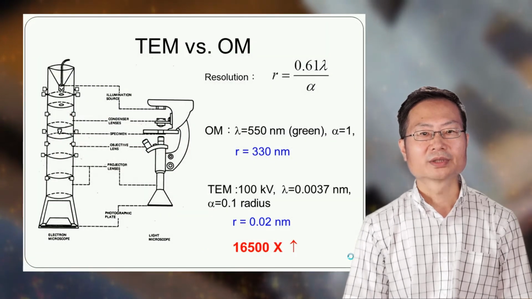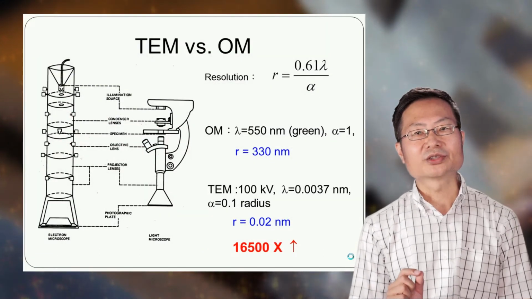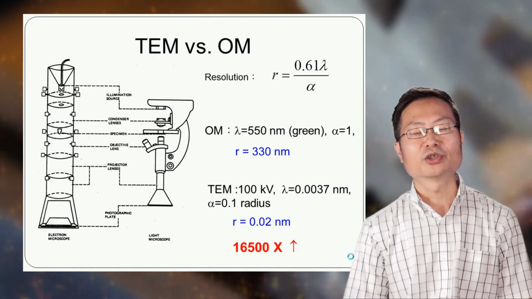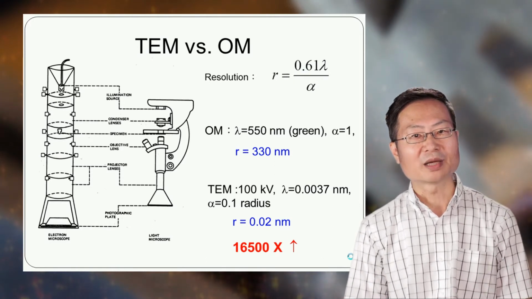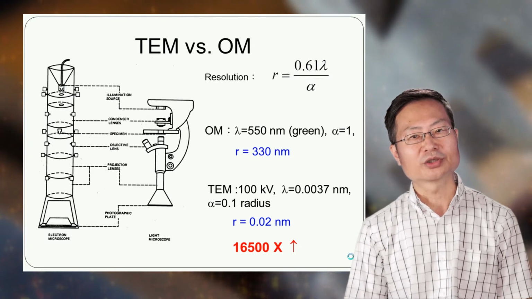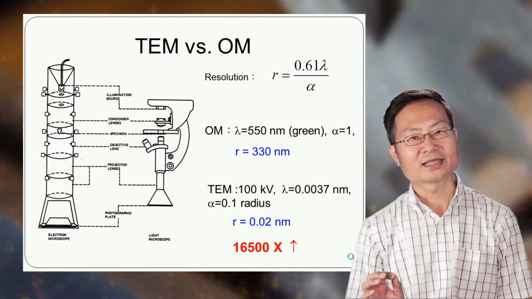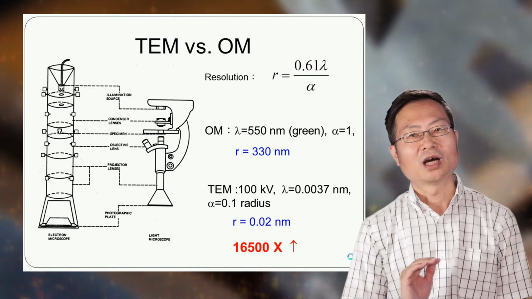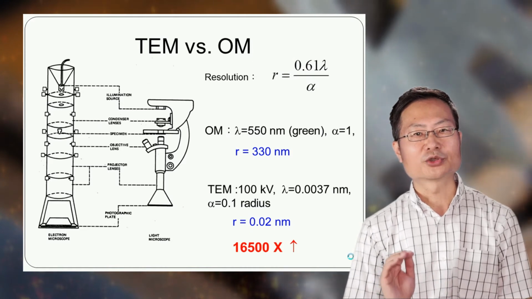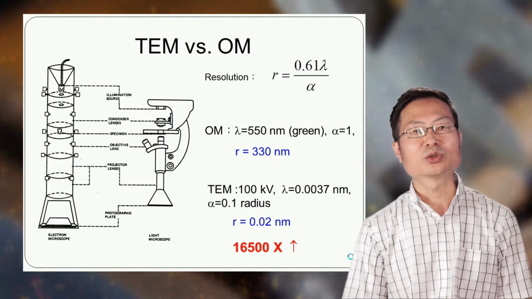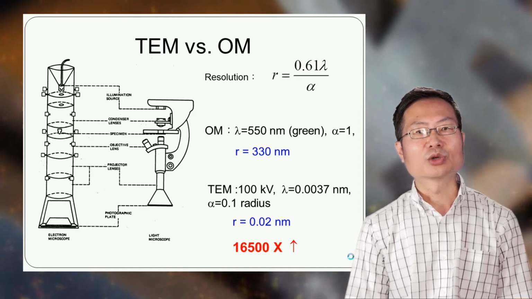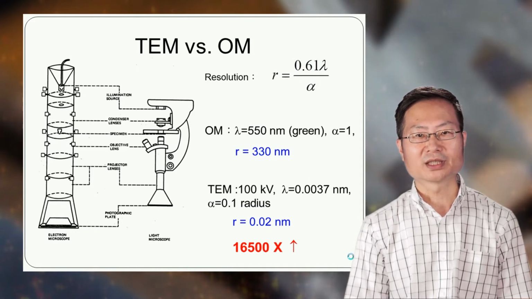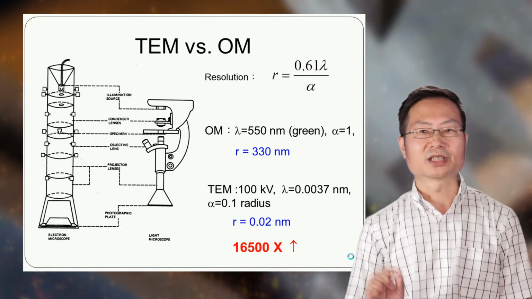For example, compare the transmission electron microscope (TEM) and the optical microscope. They have similar components: illumination source, condenser lenses, sample, objective lenses, projecting lenses, and the photographic plane. If the wavelength lambda equals 550 nanometers, the semi-angle is about 1.